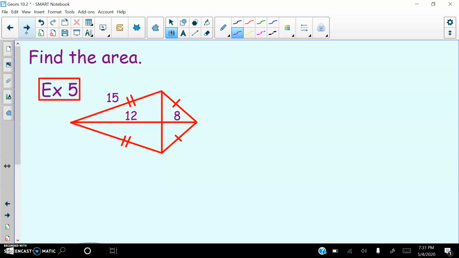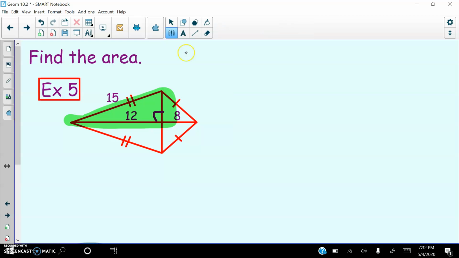All right, so I got 15, 12, and 8, and that's really all they give me right now. But I know this is a kite, so one cool thing is I know that this is going to be a right angle. See all those triangles coming in handy. We have a 15, 12 triangle, and if we look, it's 3, 4, 5 multiplied by 3. 3 times 3 is 9, so if that's 9, that means that's got to be 9.